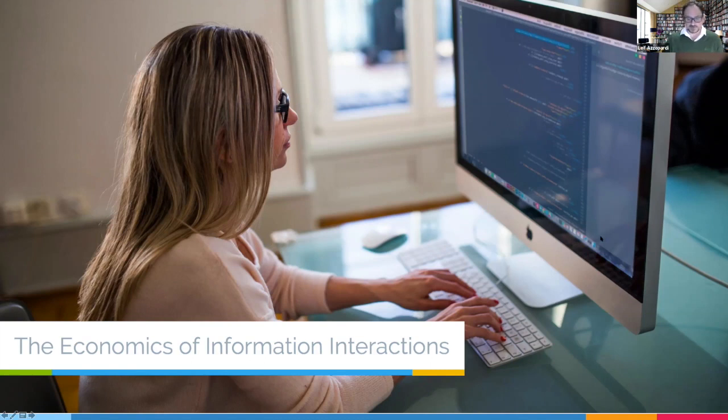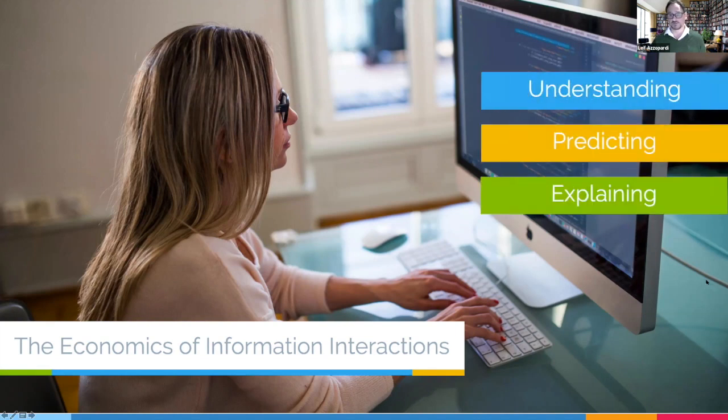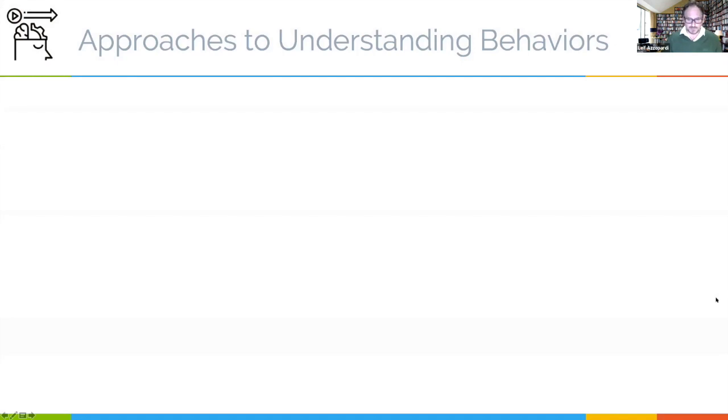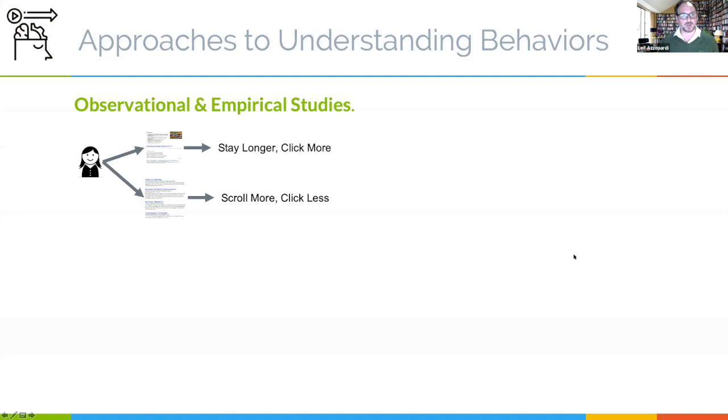Now, in the past, the focus on understanding people's behavior has largely lacked a theoretical basis. But there's been a number of different approaches in doing this, right? So many of the papers we see in information retrieval studies are largely observational and empirical. We basically present two interfaces and then see what people do.